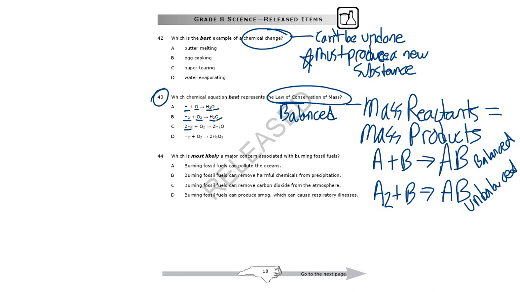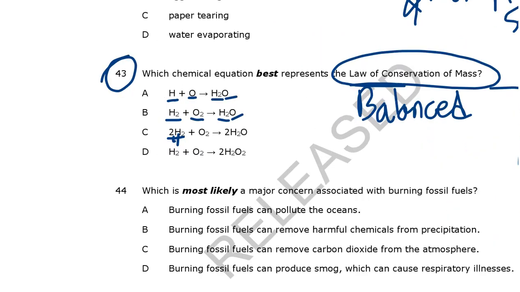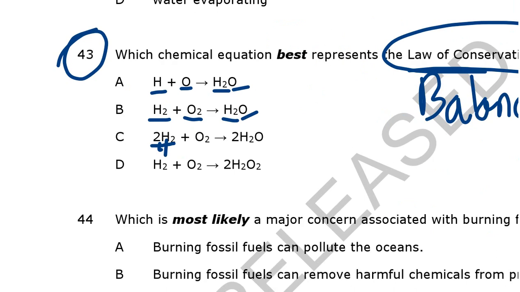Here I have four hydrogens. Okay, I'm actually going to zoom in here. So I'm going to start over here. All right, this is a total of four hydrogens because I have a molecule of two hydrogens, and then this coefficient 2, that's a coefficient. That coefficient tells me that I have two molecules.